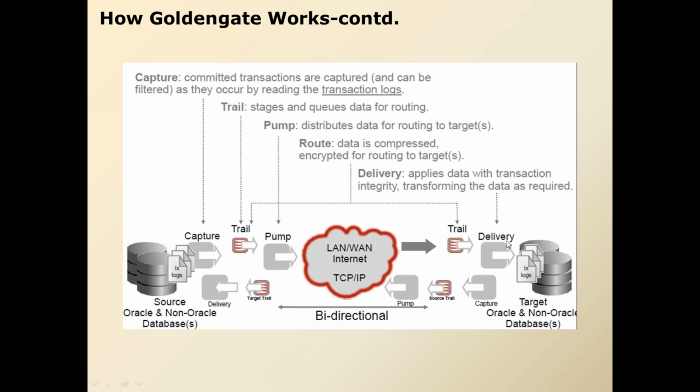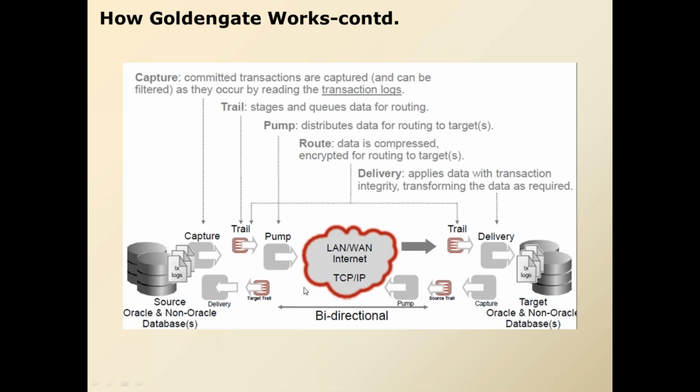The delivery process, also known as replicate, has the remote trail as its source. Each process has a source to read from and a target to write to. The capture process source is the source database, target is the local trail. The pump process source is the local trail, target is the remote trail. The delivery process source is the remote trail, target is the target database.